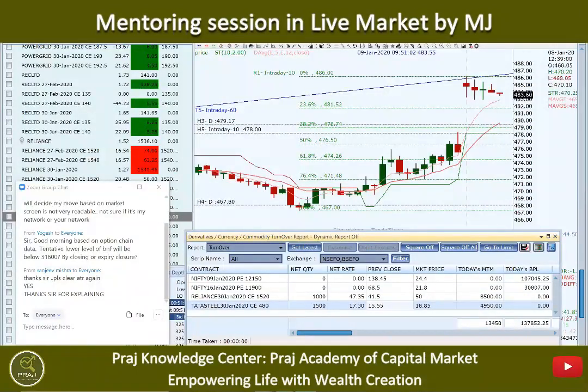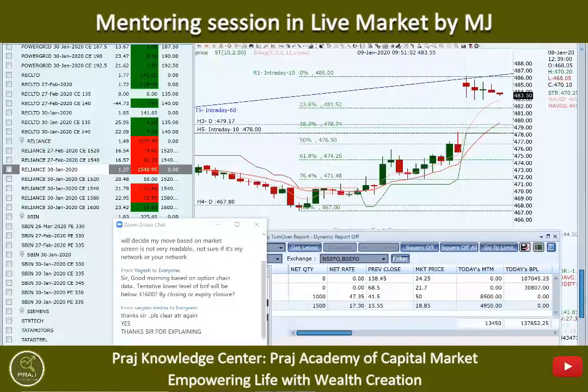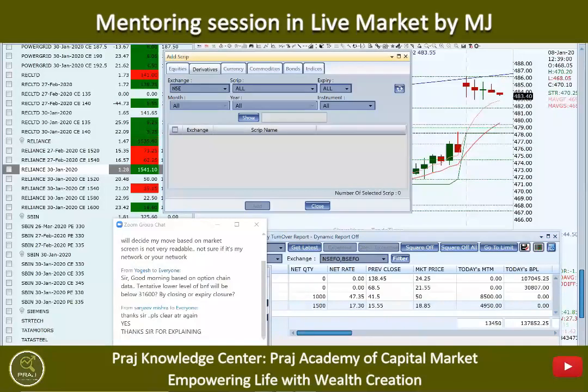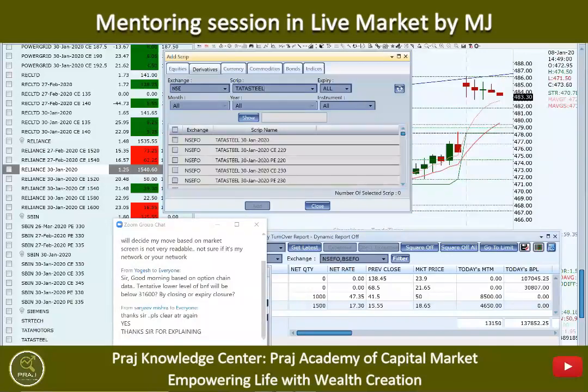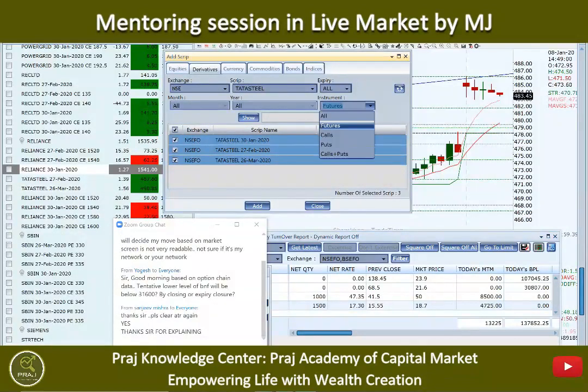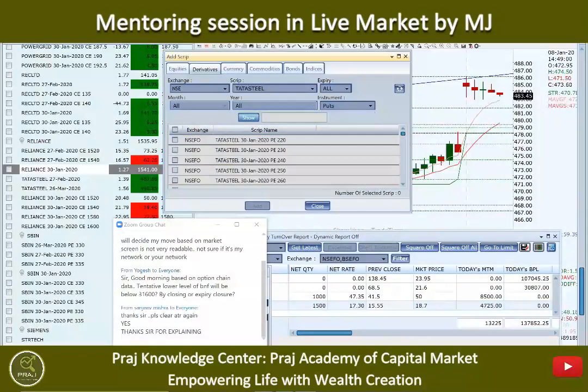Or if I want, I can take a put, let's say on Tata Steel, or I can short a future, right? Let's say Tata Steel future, I add the future here, and I also add a put here.